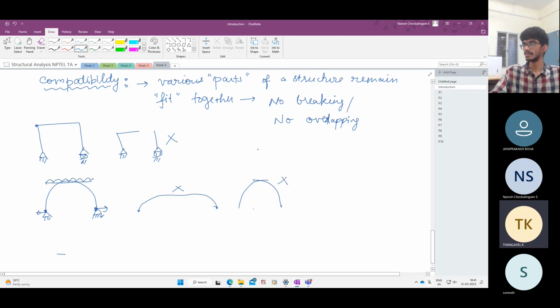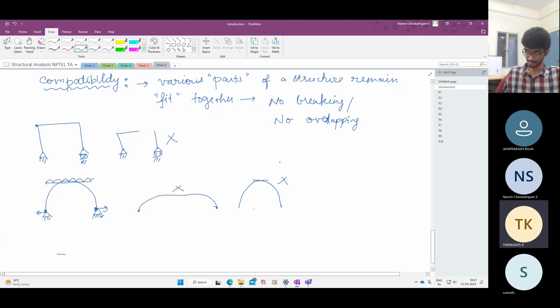That is also. So what we expect is, in addition to satisfying the equilibrium equations, we also expect the structure to behave in a sensible manner. That is, the different parts shouldn't overlap each other, or they shouldn't break while doing a linear elastic analysis. If the structure actually breaks, that's a different story. That happens if you're doing damage analysis and those things. But what we do is a linear elastic analysis.